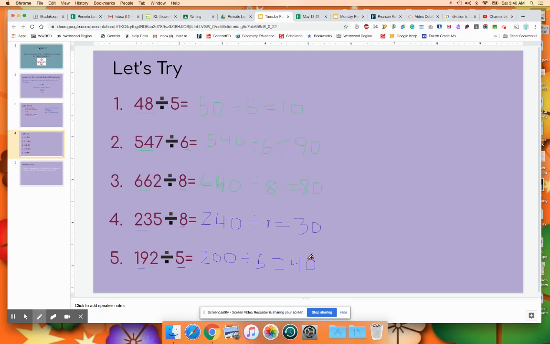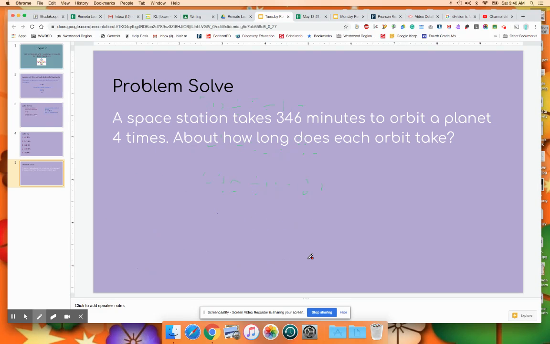Okay? Last one, a little problem solving. A space station takes 346 minutes to orbit a planet 4 times. About how long does each orbit take? So it's 346 divided by 4.